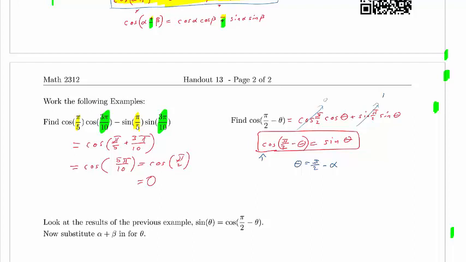And so we're going to end up with cosine of pi over 2 minus pi over 2 minus alpha. Don't forget to put that in its own little mini parentheses there. And then on the right hand side we've simply got sine of pi over 2 minus alpha.